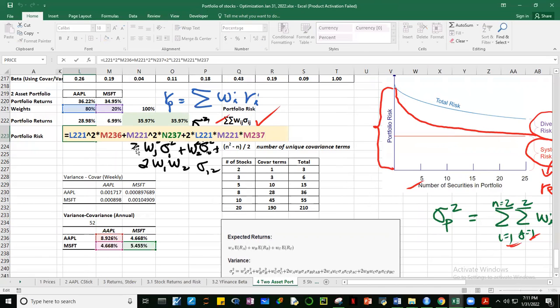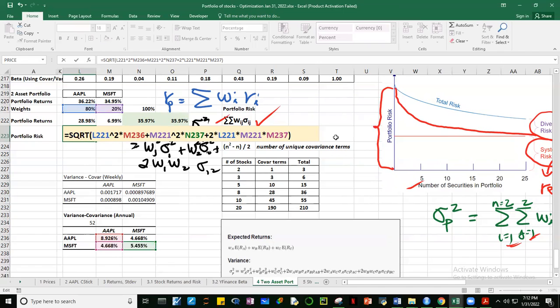Okay. What's missing here, guys? This is just the variance. So we need the risk, which means we have to get the square root of the variance: the square root of W1 squared variance of 1 plus W2 squared variance of 2 plus 2 W1 W2 covariance of 1, 2.